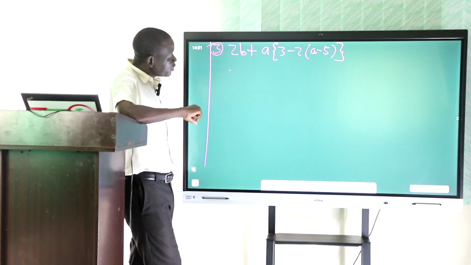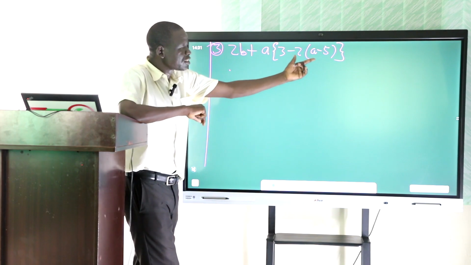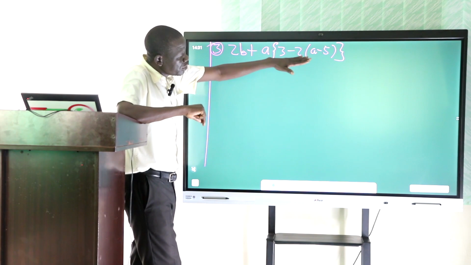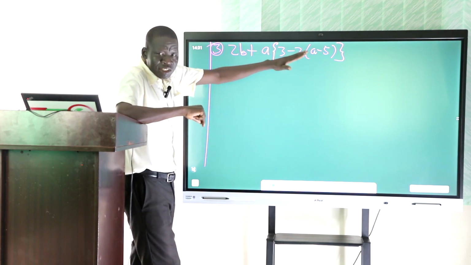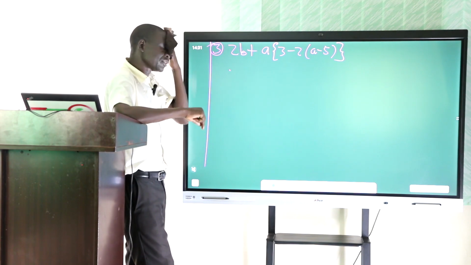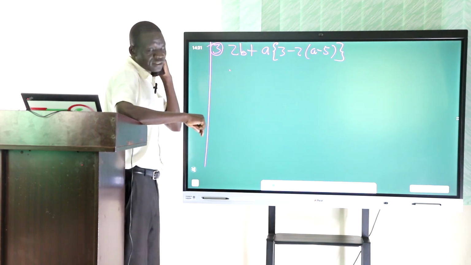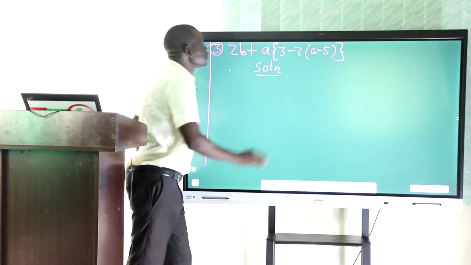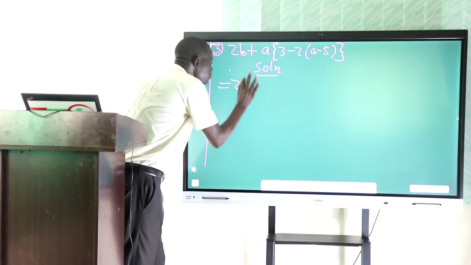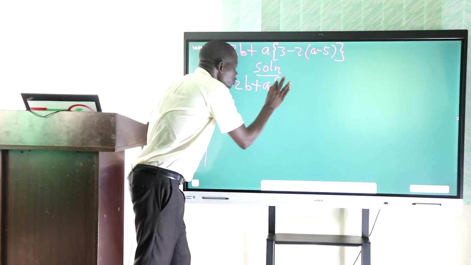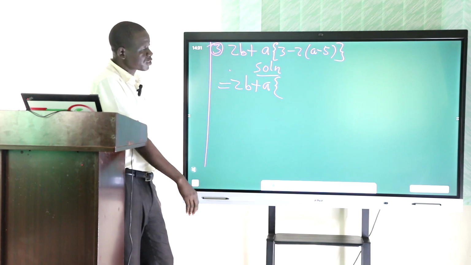We shall start with the inside bracket. To remove it, we multiply the outside term by all the terms inside the bracket. So here, this is how we make it. Solution. We shall have 2b plus the a into this bracket remains.